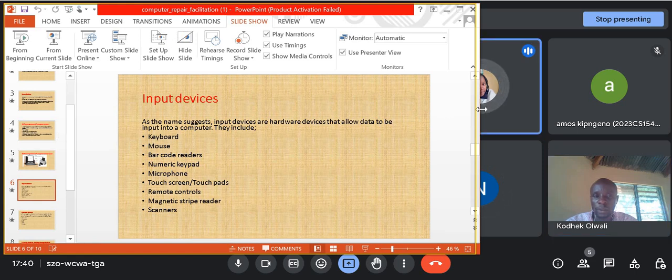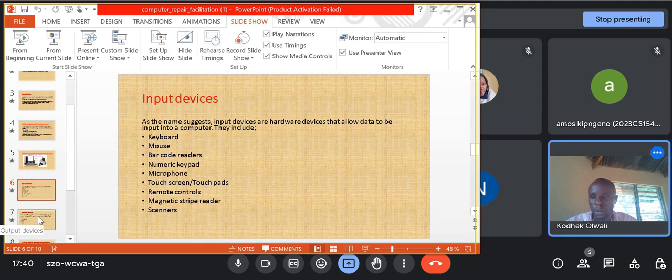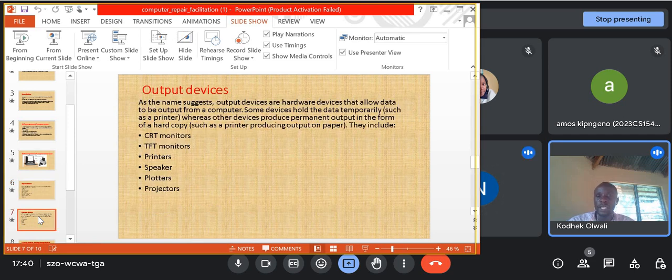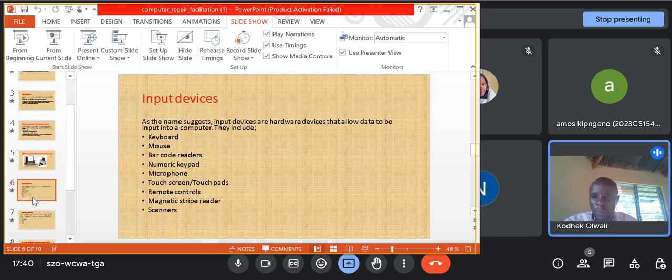They key in the computer. Okay, thank you. Any other example? Camera. Good. Camera is an example of an input device.